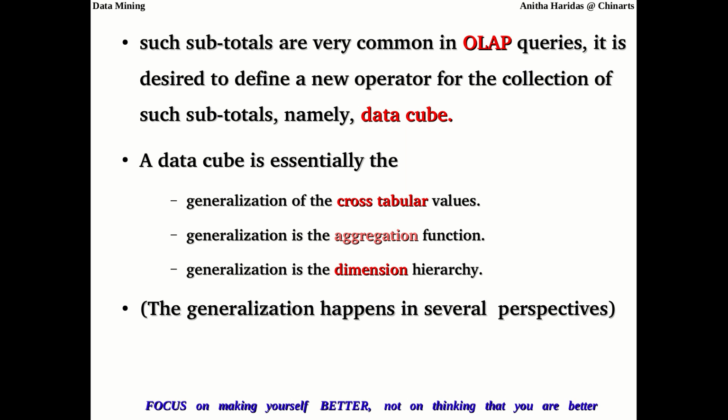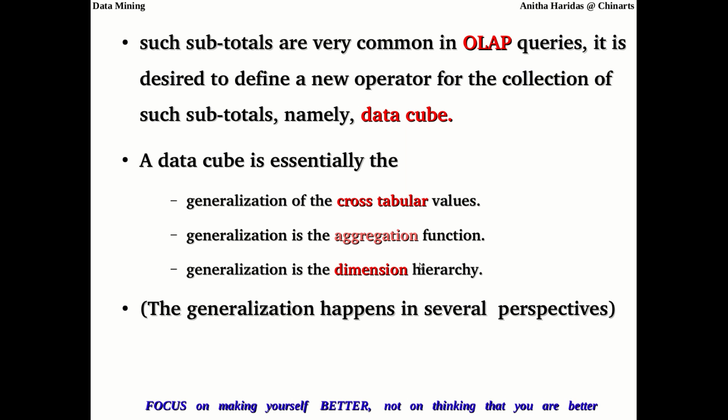So your time is divided into different hierarchy. What is the different hierarchy? From year you go to the next level, which is half yearly. From half yearly you go to the next level, which is quarterly. From quarterly you go to the next level, which is weekly. So that is what you mean by dimension hierarchy.